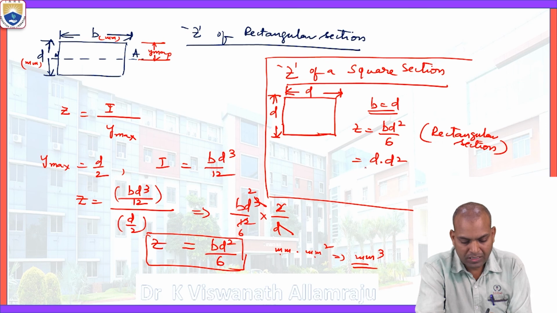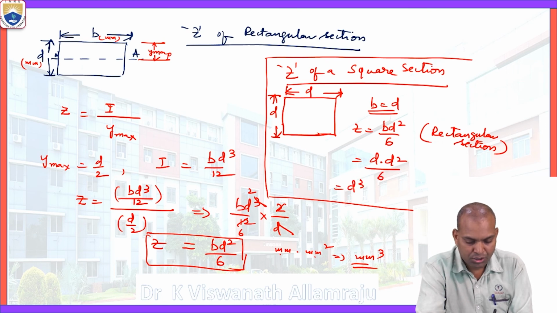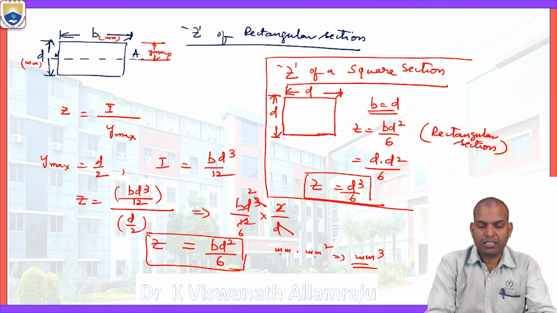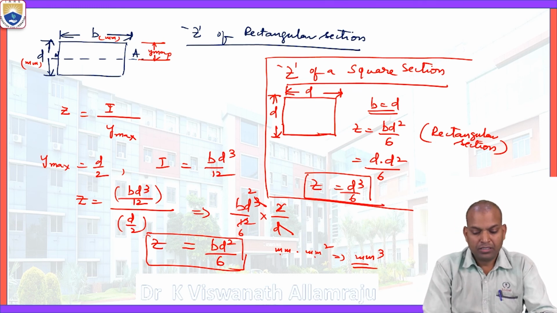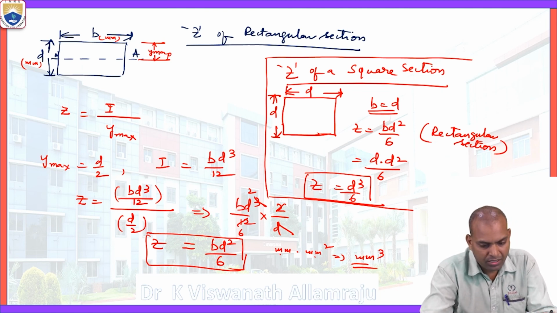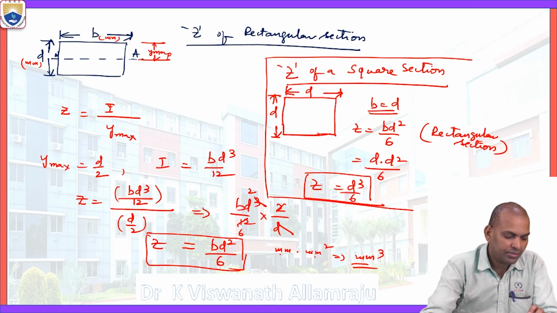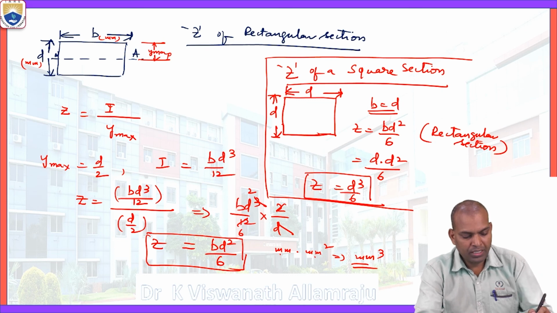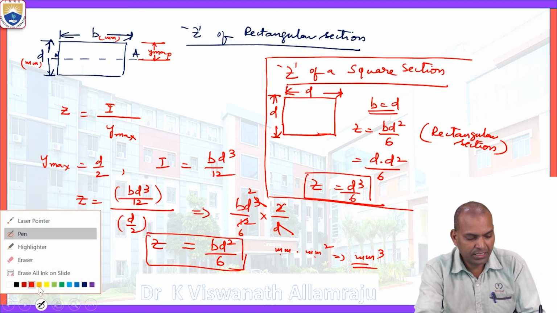D times D square by 6, that is D cube by 6. This is the formula for section modulus of a square section, and B D square by 6 is the section modulus of a rectangular section. So these are the formulas we have studied.